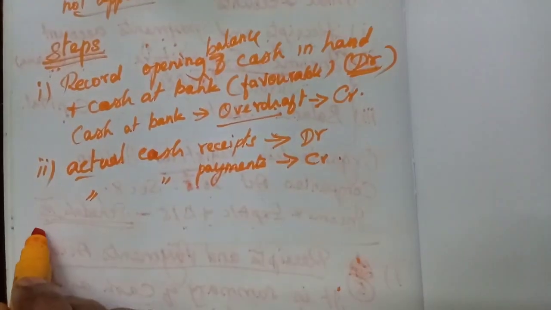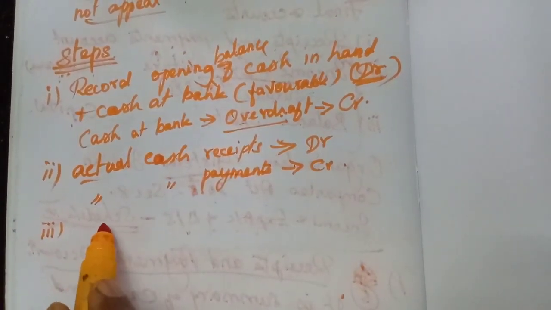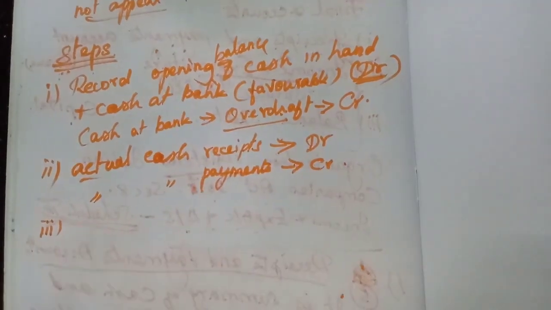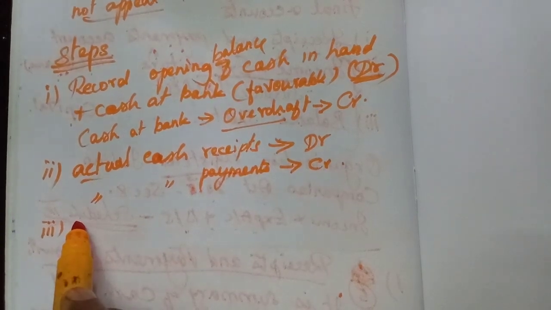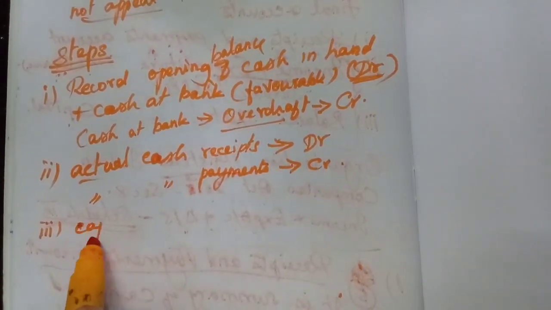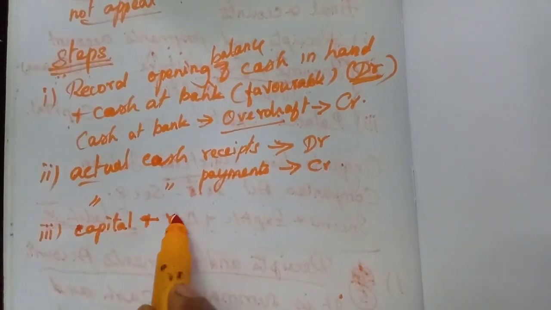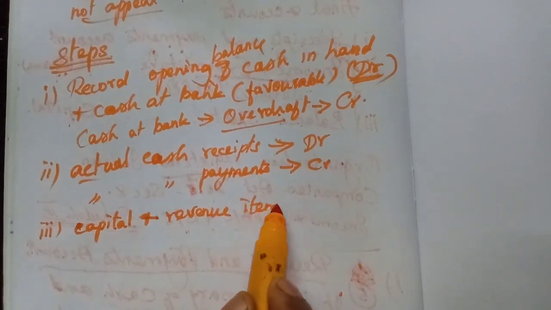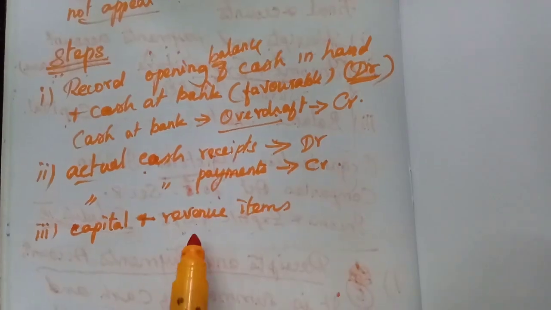Then one more point you should remember here. Not a step, but while recording cash receipts and cash payments, do not worry about the nature of the payment, whether it is capital or revenue. Both capital and revenue items are entered in the receipts and payments.